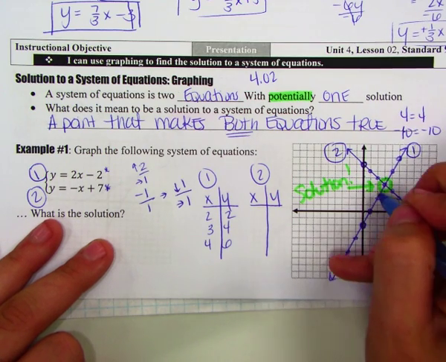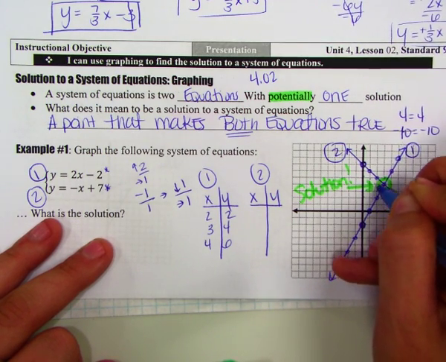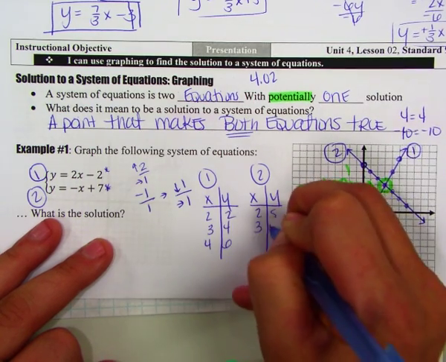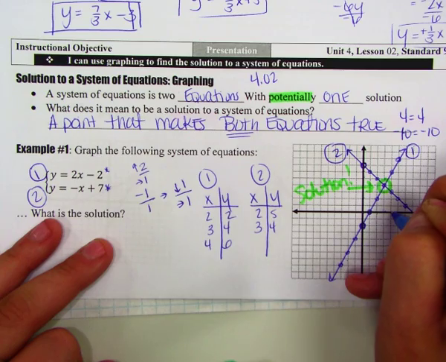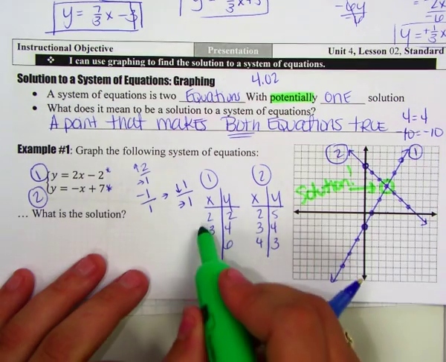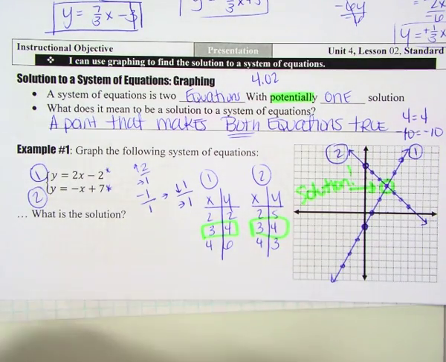Equation 2 would have the points, how about 2, 5, 3, 4, and then 4, 3. So as you see, this one point comes up in both tables.